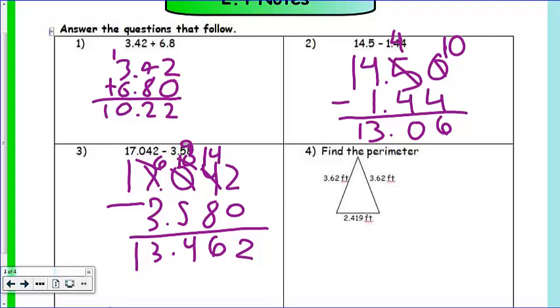And we have a final one here. We always have a word problem we usually do at the end. Our last guest will also explain what you're looking to do in this one. She just needs to talk loudly. Since we're finding the perimeter, you need to add all the sides together.